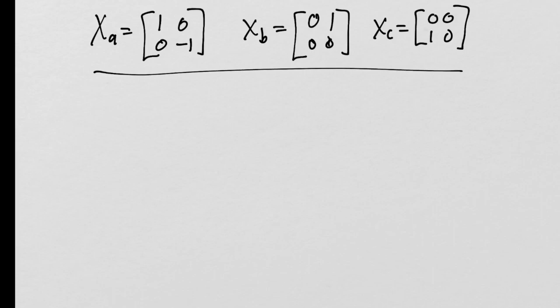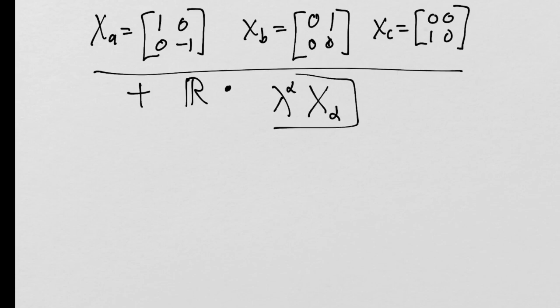And this will form the basis of a vector space under matrix addition over the real numbers, with scalar multiplication assigned to the real numbers. And every combination, lambda, alpha, x, alpha, will be an infinitesimal generator of the group in a given direction.